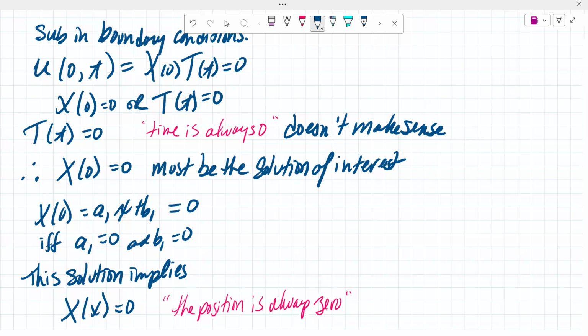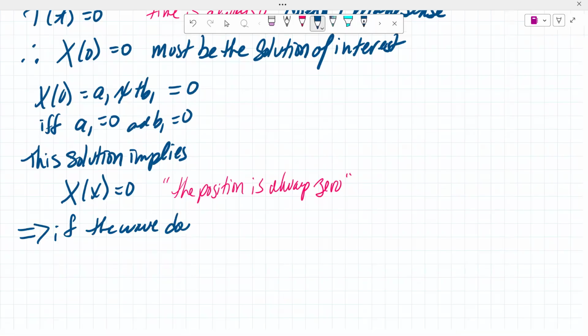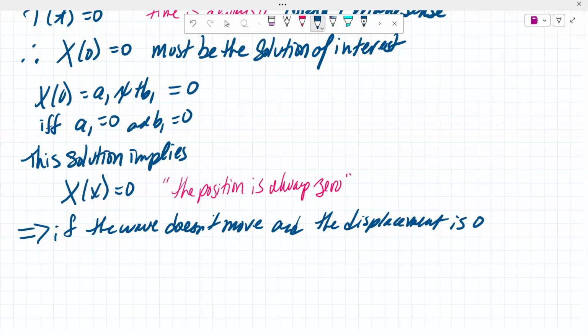So if the wave doesn't move, and the displacement is 0, and the time never advances, then nothing happens.